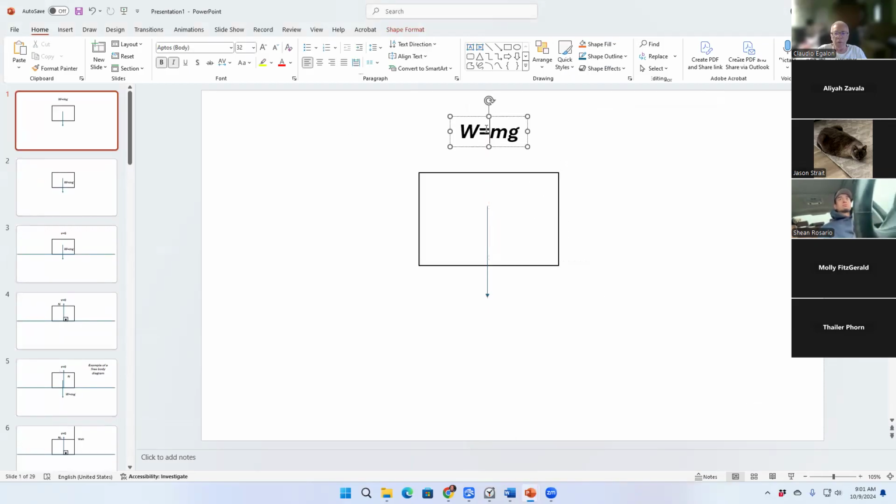Here's the first part of Newton's first law.